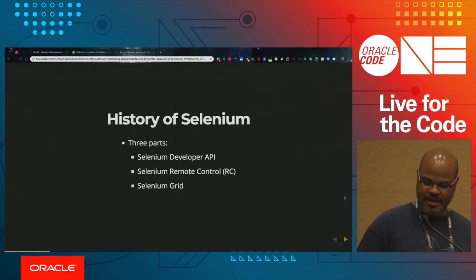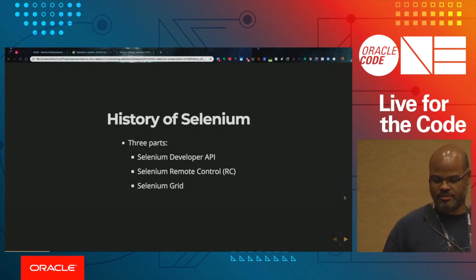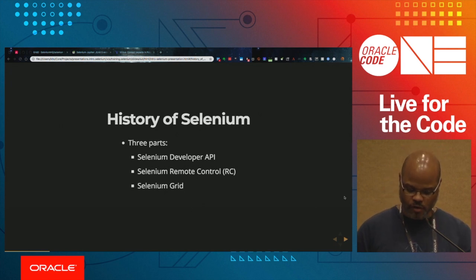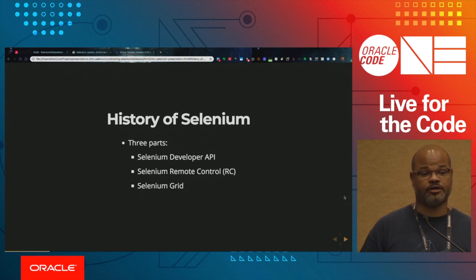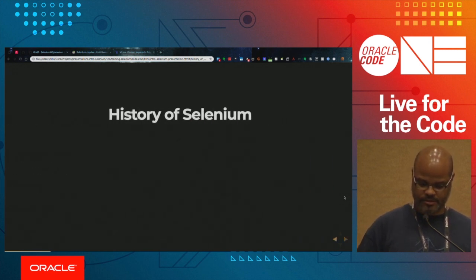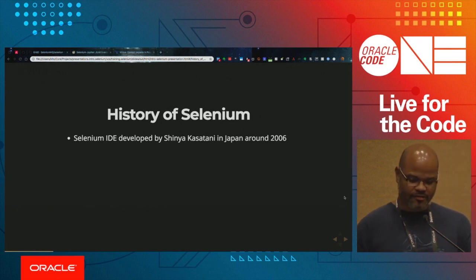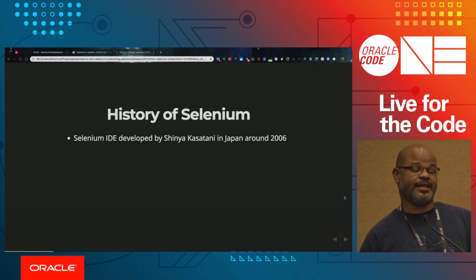And there have basically been 3 parts over the years. There was the Selenium Developer API, Selenium Remote Control, and Selenium Grid. Those were the 3 initial parts. Then there was this other thing called Selenium IDE.